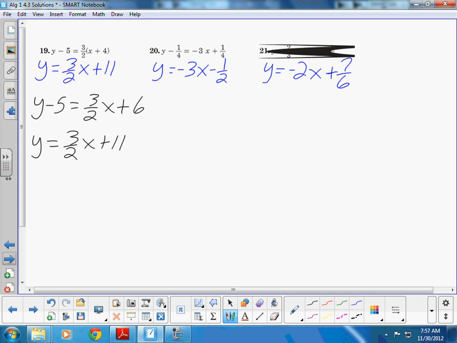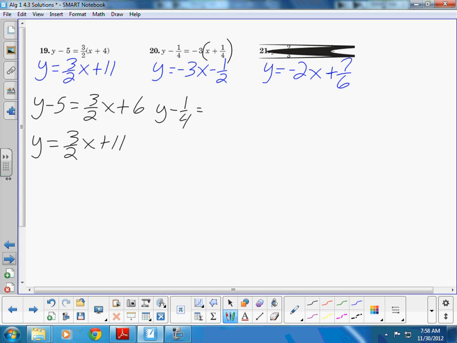Number 20, y minus 1/4 is equal to, I don't have any parentheses here, oh yes I do. Number 20, in my book, it has a negative 3 times the quantity x plus 1/4. Yours probably doesn't have that.